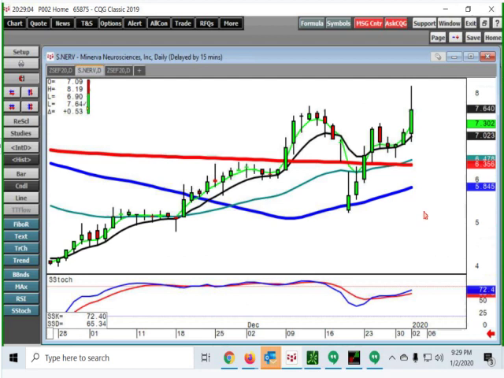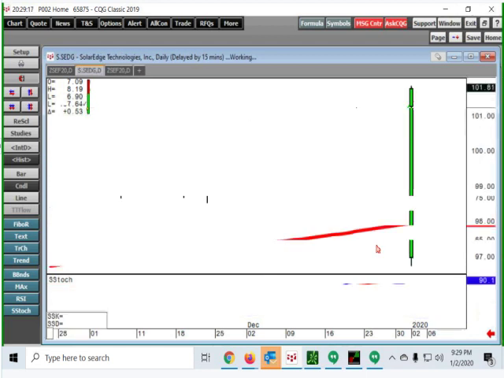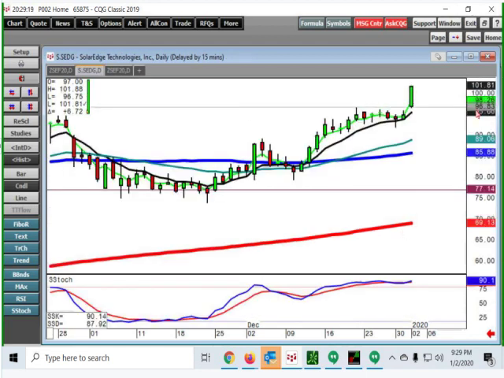Now we're looking at NERV because that is about at a breakout level with a J-hook pattern. So this is what we want to be conscious of, is where was the breakouts and what do we expect after that breakout. That's Sedge.